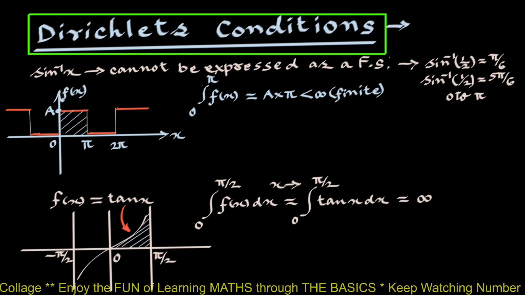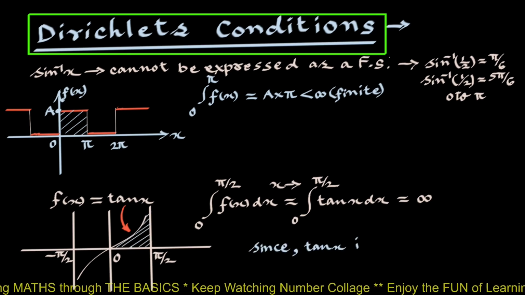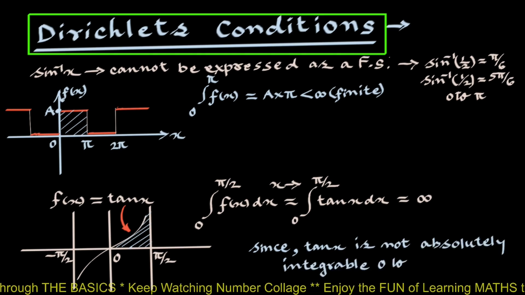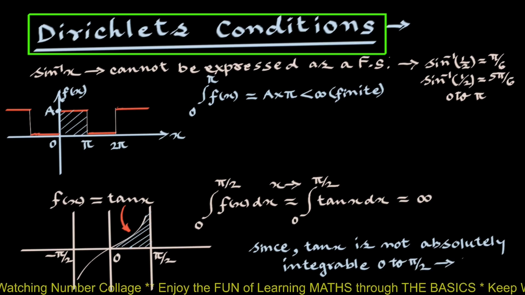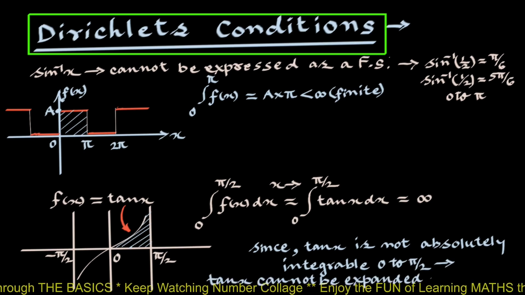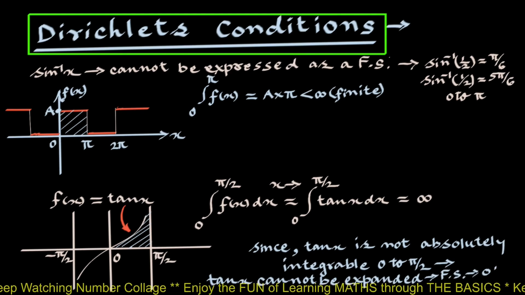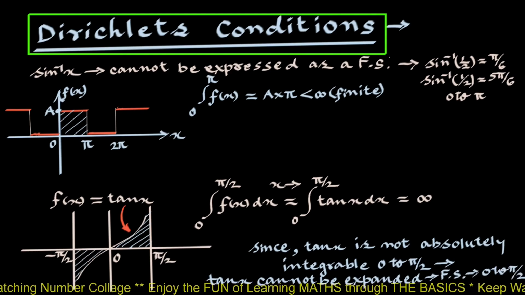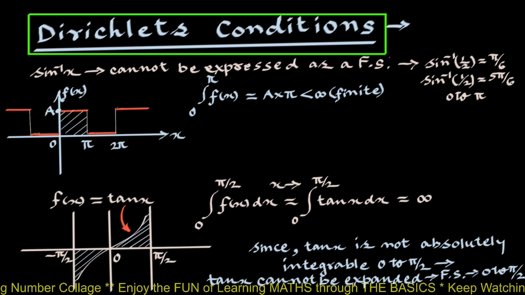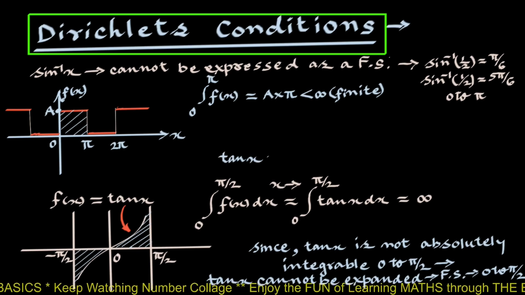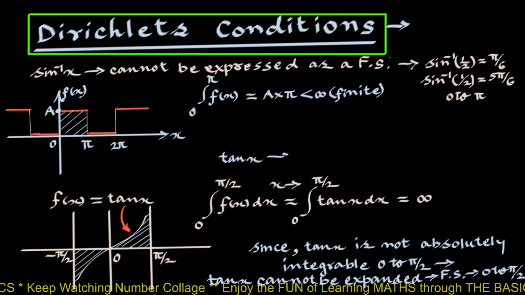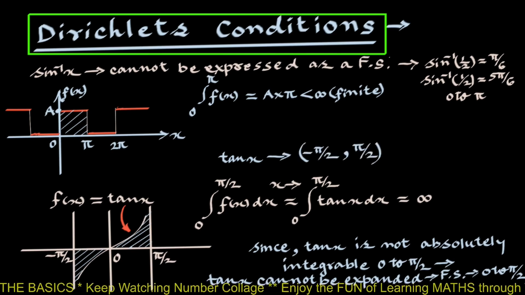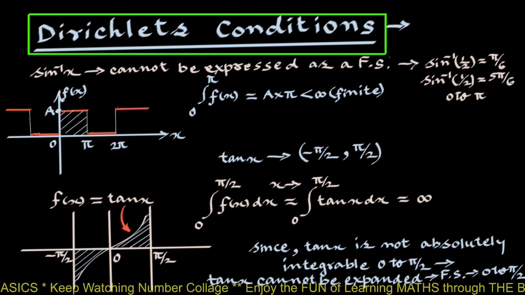Since tan x is not absolutely integrable between its domain 0 to pi by 2, tan x cannot be expanded as a Fourier series between 0 to pi by 2. Same is the case with domain from minus pi by 2 to 0. In short, tan x cannot be expanded as Fourier series in the domain minus pi by 2 to pi by 2, because these integrals are not finite.